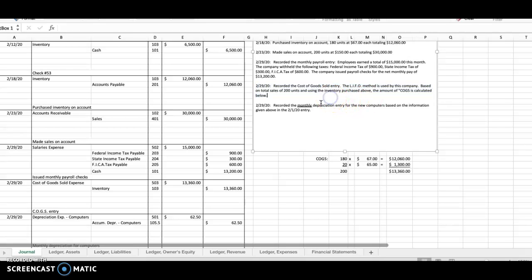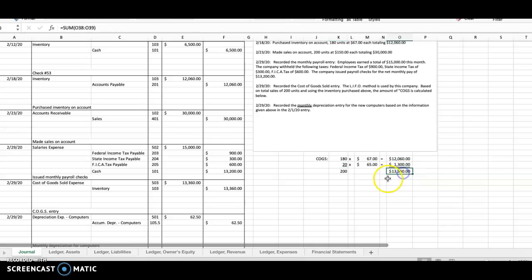So based on the fact that we sold 200 units and we purchased these at different times and at different amounts, the cost of goods sold is calculated by using the math down below. And if you need to stop and review this again, that would be helpful. But this shows you the math involved in figuring the cost of these 200 items.